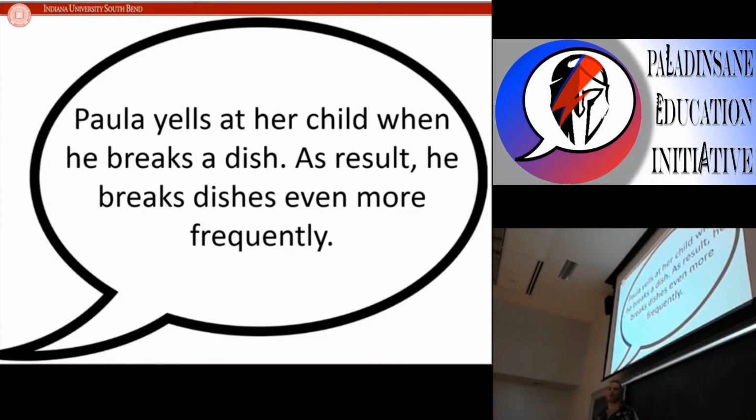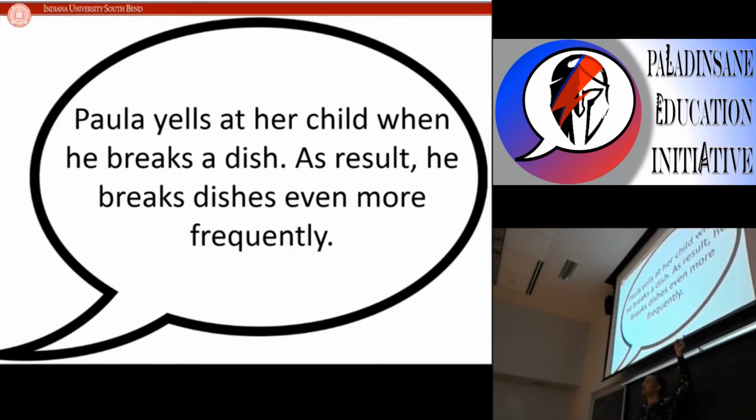My child's breaking more dishes than he did before, so the yelling's not working, so I'm not going to yell anymore. In that case, notice that her yelling has now decreased. So that means that she's on punishment. Her yelling has decreased as a result of the addition of dish breaking. So that would be an example of positive punishment.